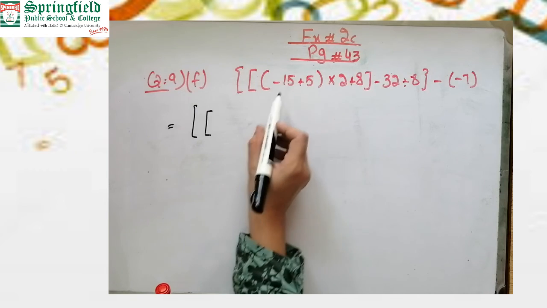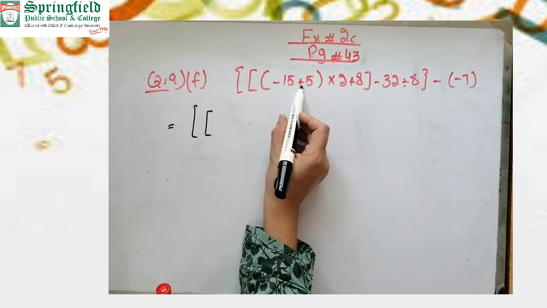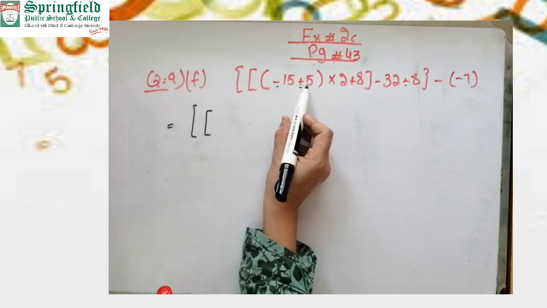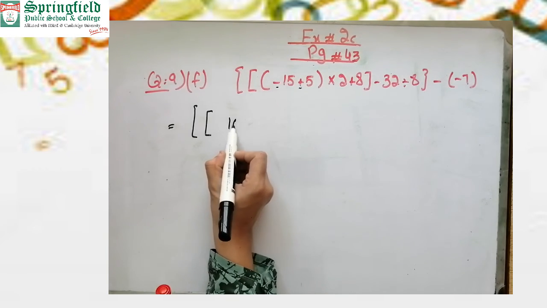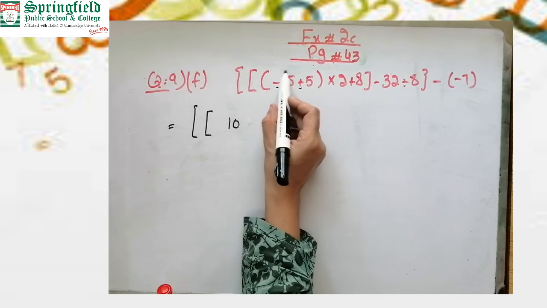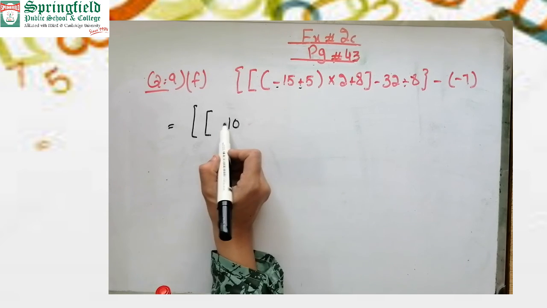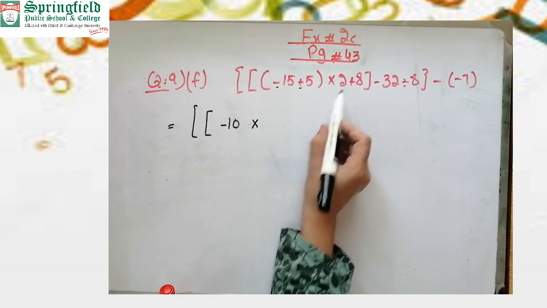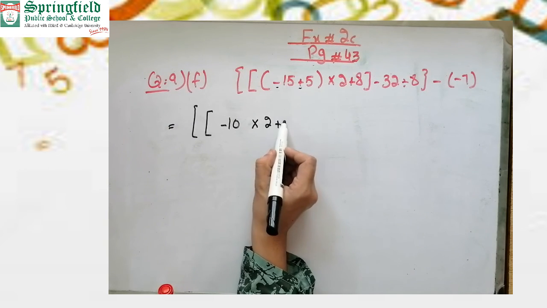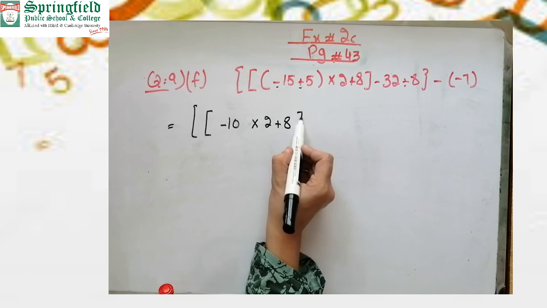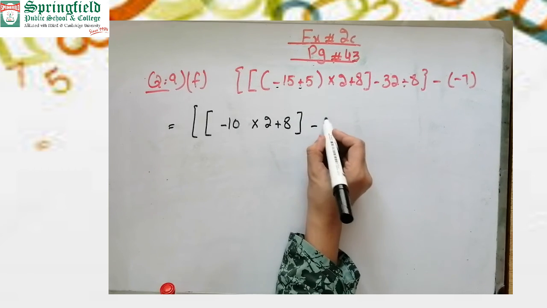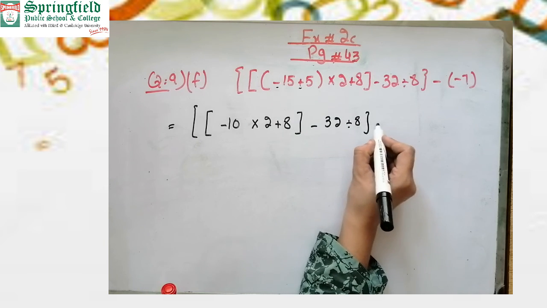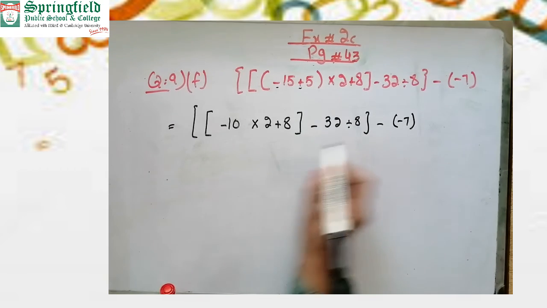Now solve the small bracket. Minus 15 plus 5: minus 15 minus 5 is 10, and the sign will be minus because 15 is the greater number and 15 has a negative sign. Then multiply 2 plus 8, then square bracket close, minus 32 divided by 8, curly bracket close, minus 7.